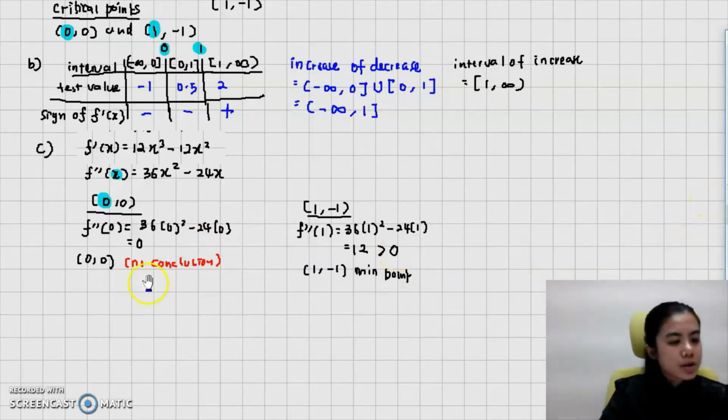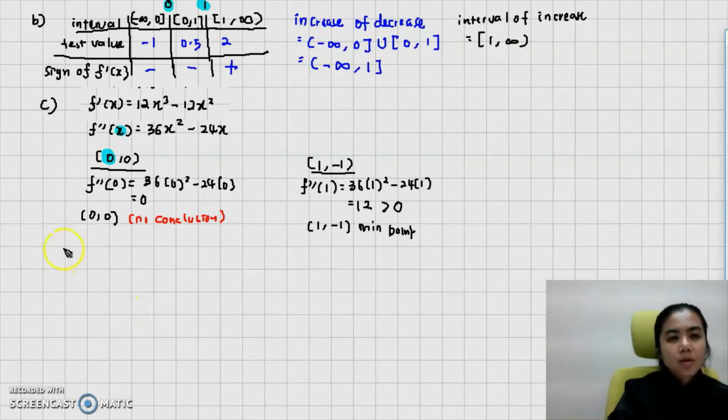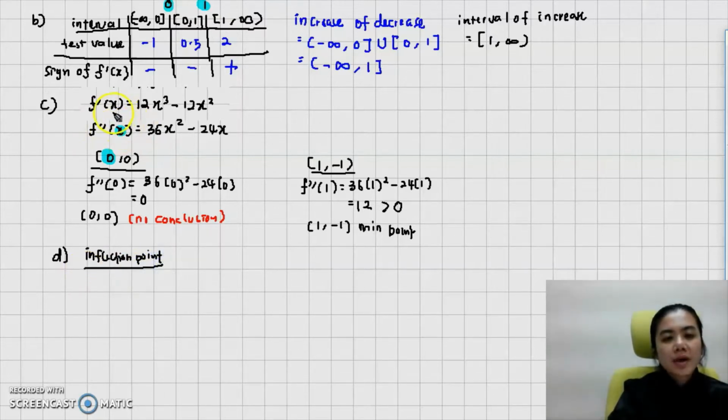Then we continue to part D. They ask us to find the interval of concavity and inflection points. Let's figure out the inflection points first. In order to find the inflection point, we have to let f double prime equal to 0. So here, this is your f double prime.